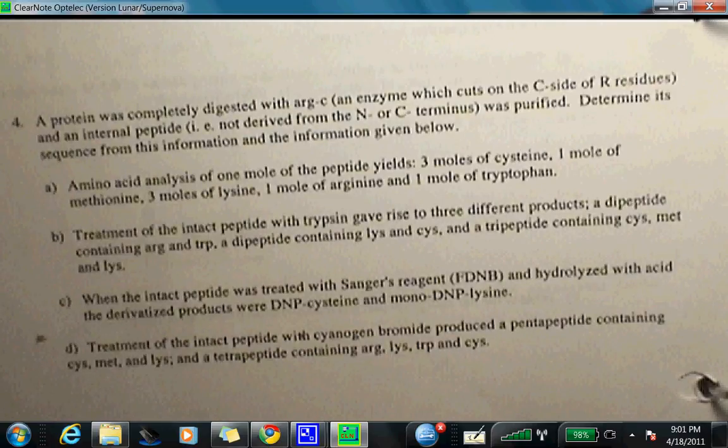Treatment of the intact peptide with cyanogen bromide produced a pentapeptide containing cysteine, methionine, and lysine, and a tetrapeptide containing arginine, lysine, tryptophan, and cysteine. Let's focus on number 1, yeah?